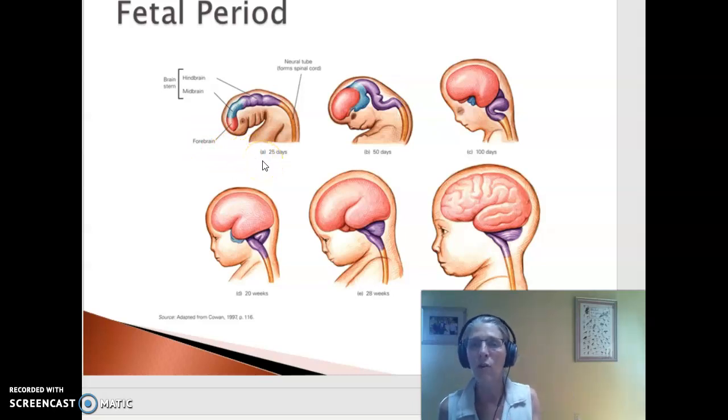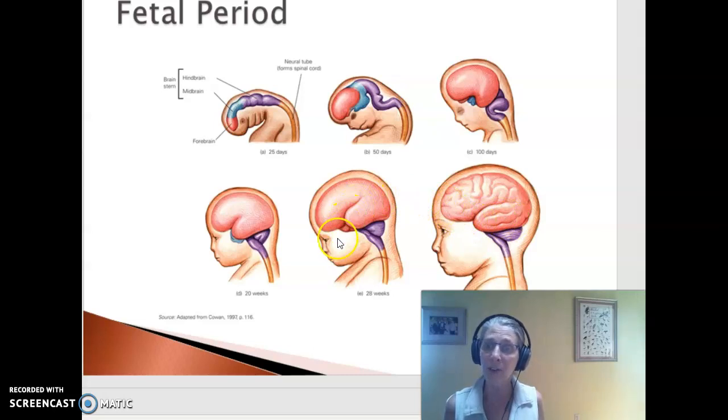Okay, so this shows us a bit of fetal development throughout these weeks before the birth. So here's 25 days. You can see not very much growth and development in the brain compared to down here 35 to 40 weeks. So after 35 weeks up to 40, that's more full term. Prior to 35 weeks would be called preterm. So preterm is very concerning for brain development.